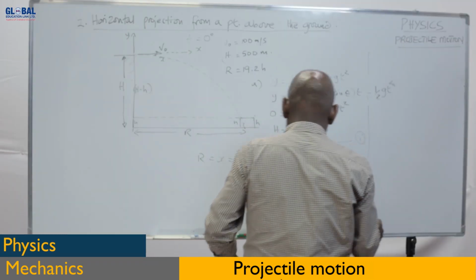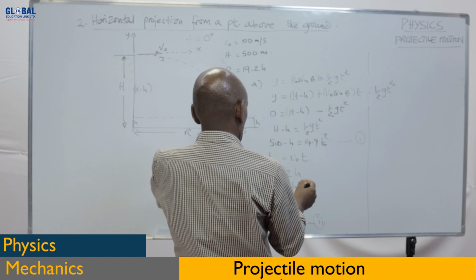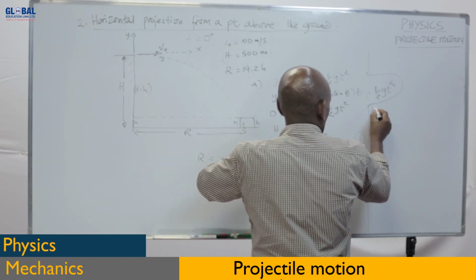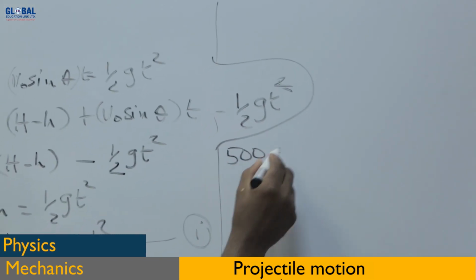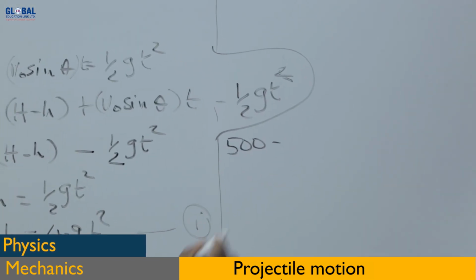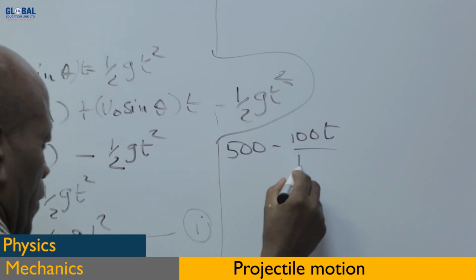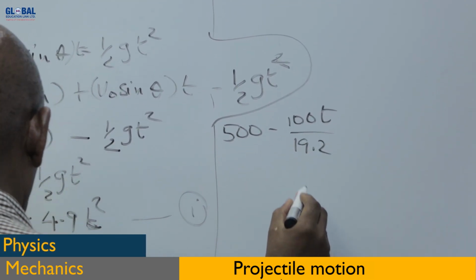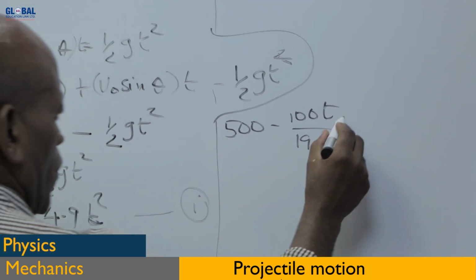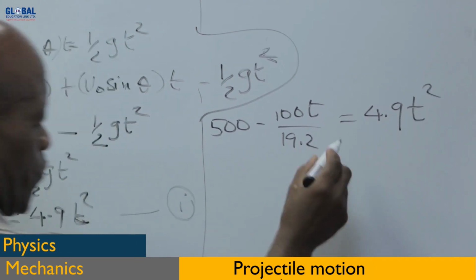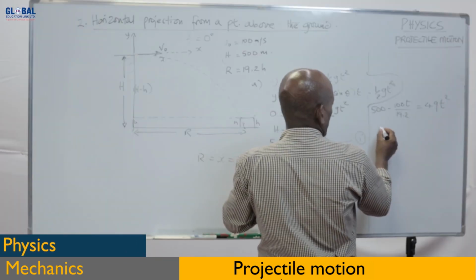If I substitute there, I'm going to get 500 minus h, which is 100t over 19.2, is equal to 4.9 t squared.